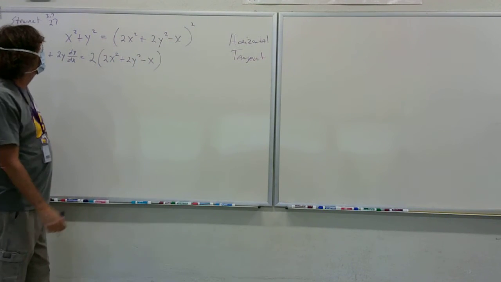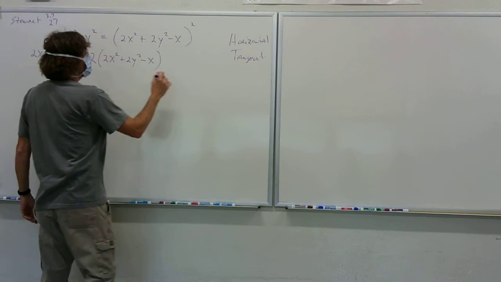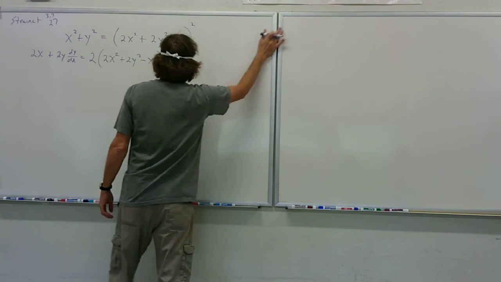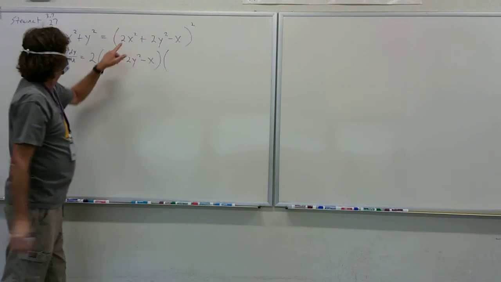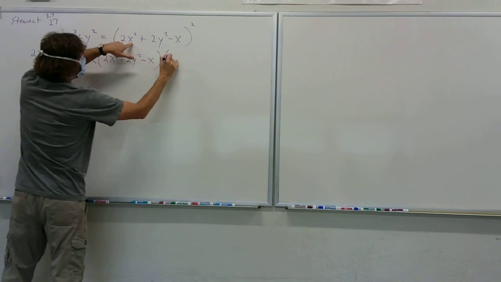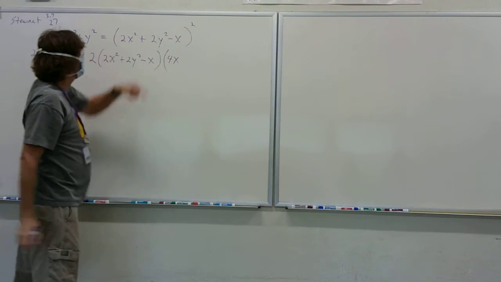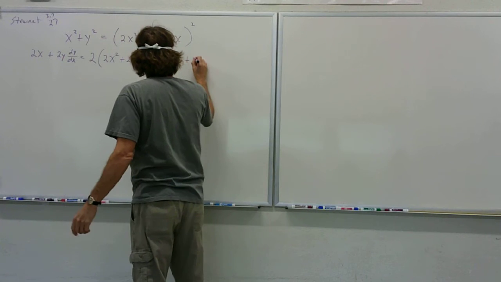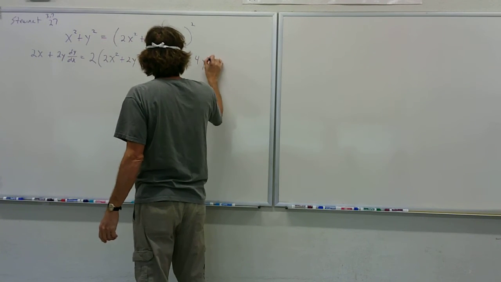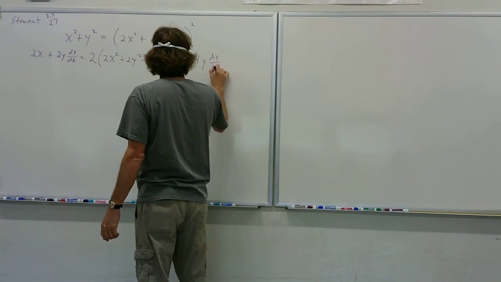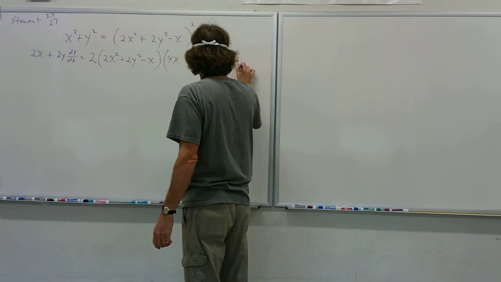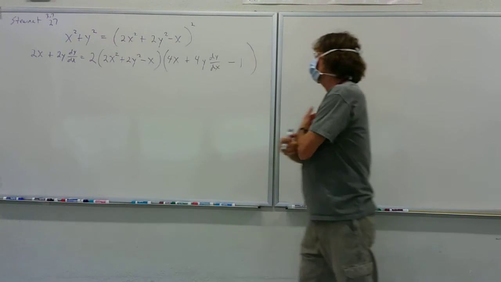I need to turn my books over. I'm going to erase the words horizontal tangent because I'm about to need the room. Derivative of 2x squared is 4x. Derivative of 2y squared is going to be 4y dy over dx, minus 1. And that, folks, is the derivative.